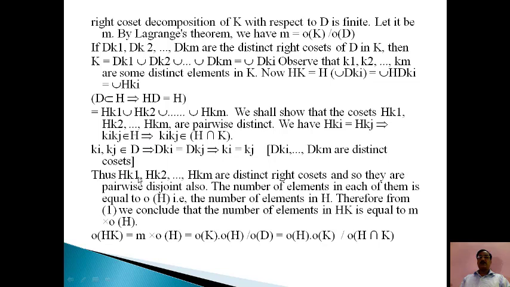Therefore Hk1, Hk2 and so on Hkm are distinct right cosets, so they are pairwise disjoint also.